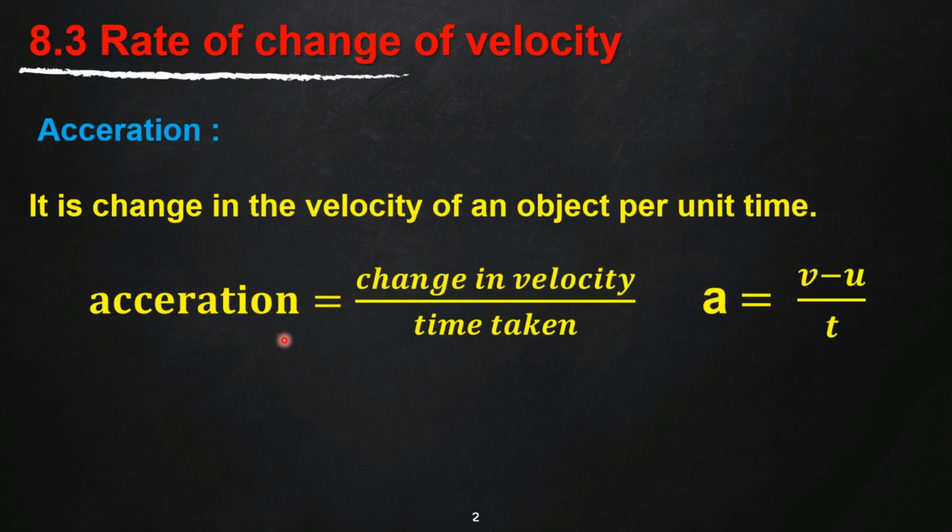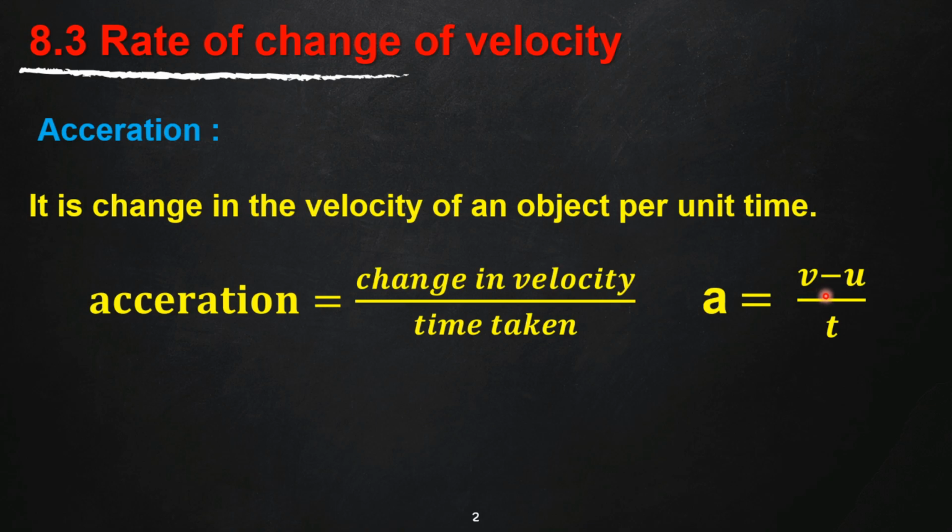The formula for acceleration is change in velocity upon time taken. In symbolic form, we can represent acceleration as a. Change in velocity means v minus u. Here we must know what is v and what is u. u means initial velocity, v is the final velocity.